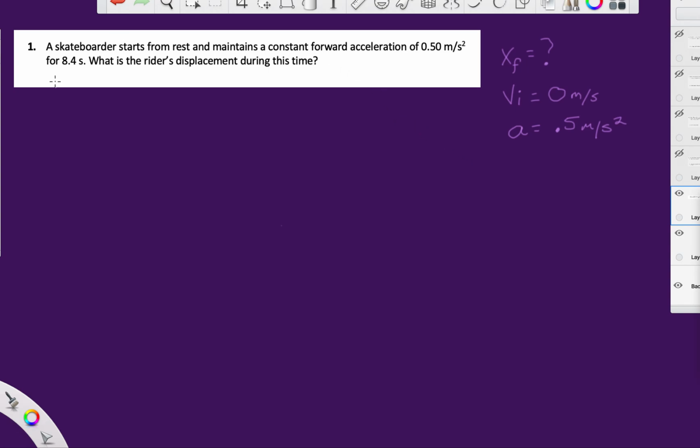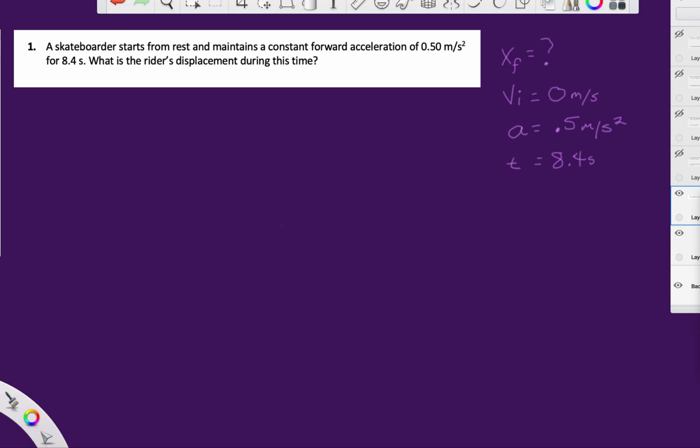And then last but certainly not least, we're given time. Time is 8.4 seconds. Great. Now, if we have x final, there's only one of the big three that gets us there, right?